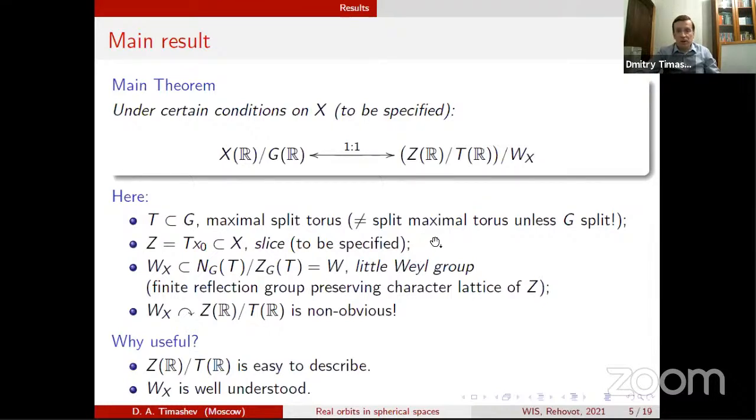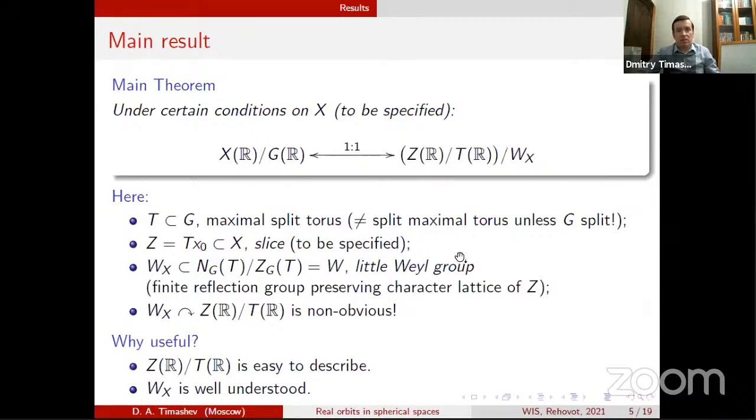And the second point is that this little Weyl group is also well understood in the theory of spherical varieties. We know what its generators are. We have an explicit embedding of this little Weyl group in the big Weyl group. So it is clear how to handle this group.